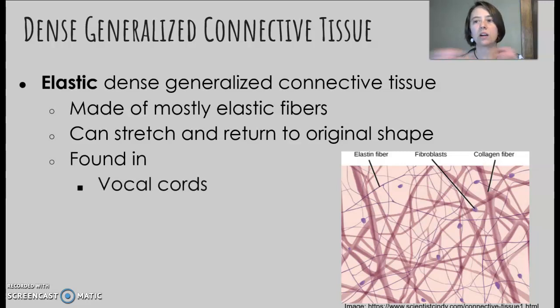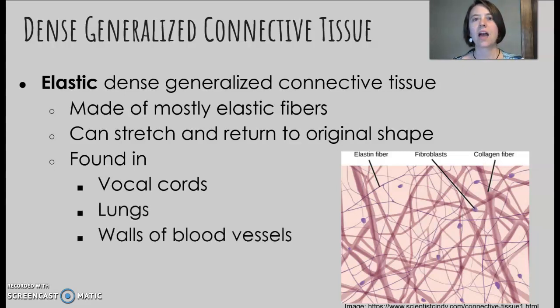Places where they stretch and come back, like your vocal cords, your lungs, and the walls of your blood vessels that need to constrict or dilate. Coming back to this picture, I wanted to point out fibroblasts would be the cells, and then we can see the collagen fibers as part of the matrix and the elastin fibers as part of the matrix.